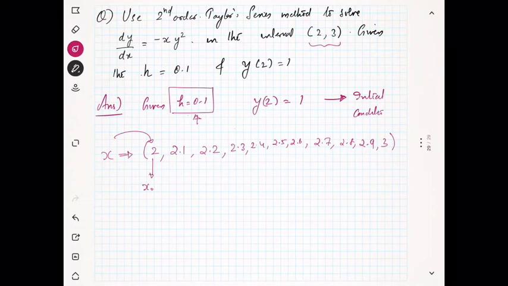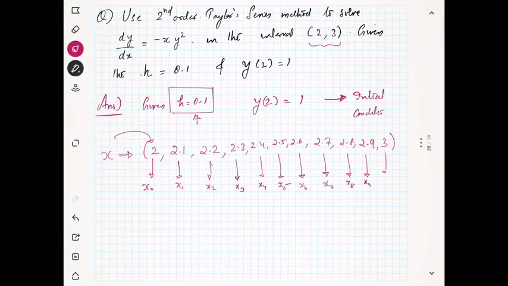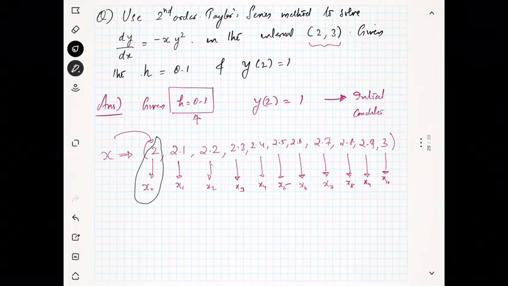This is x1, this is x2, x3, x4, x5, x6, x7, x8, x9, and x10. The initial value for the initial condition is x naught.